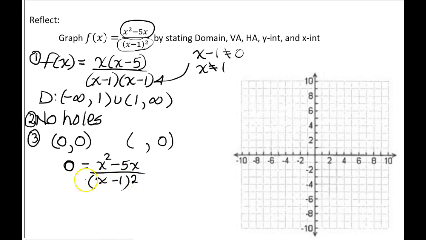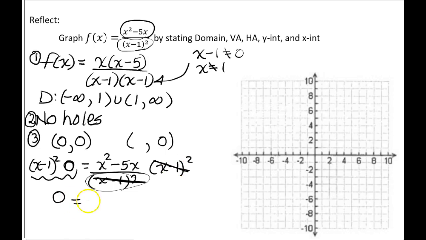Since I have a fraction, I'm going to multiply both sides by this common denominator, x minus 1 squared on this side and x minus 1 squared on this side. On the left side, I still get 0, and on the right side, my denominator goes away and I get x squared minus 5x.